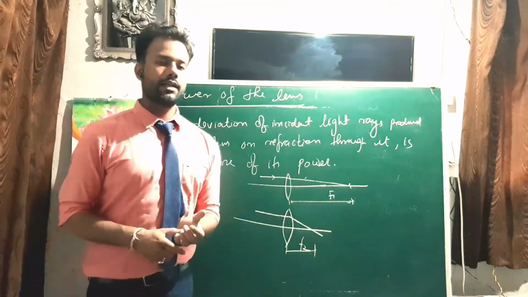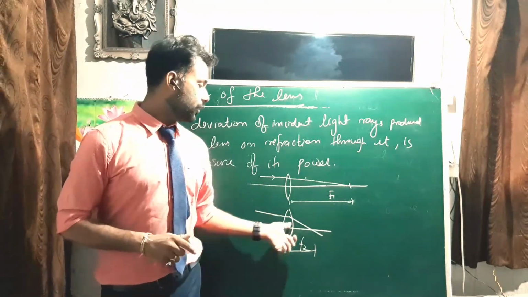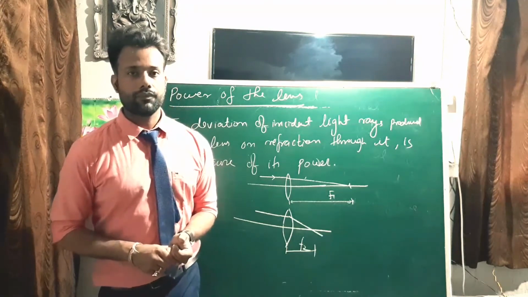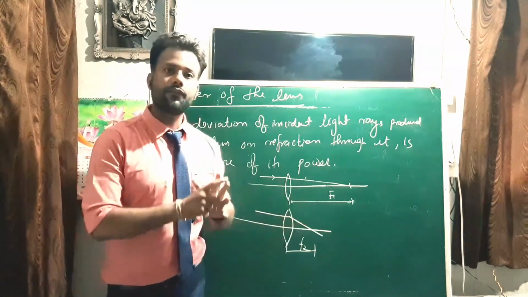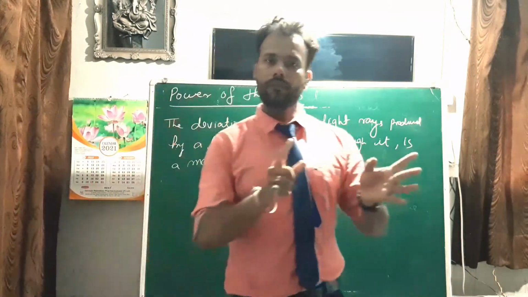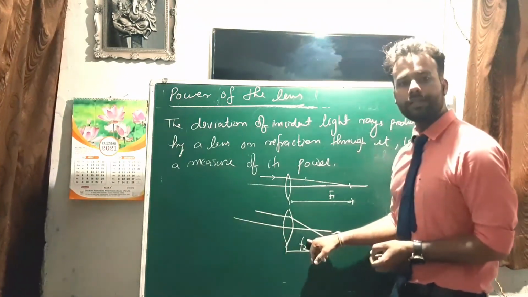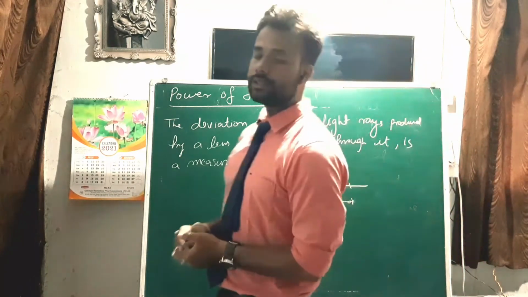Now which lens is deviating the light quickly? Second lens. That means the power of this lens will be more than the first lens. In the second lens, f2 is less. In the first, f1 is more. So the relation between f2 and f1 is inverse. Because here power is more but focal length is less, and here focal length is more but power is less.